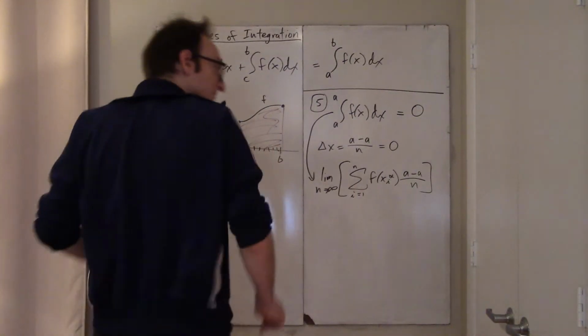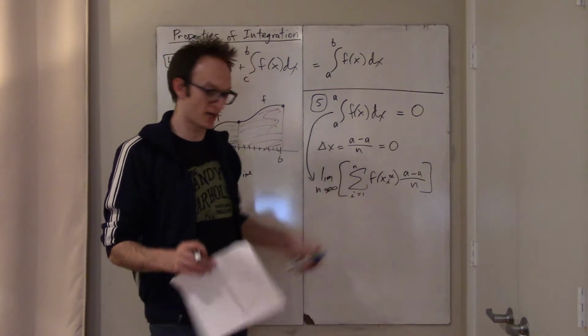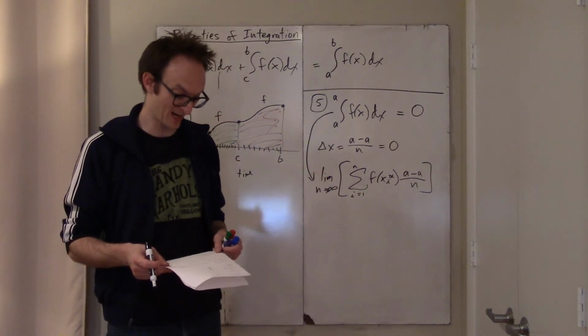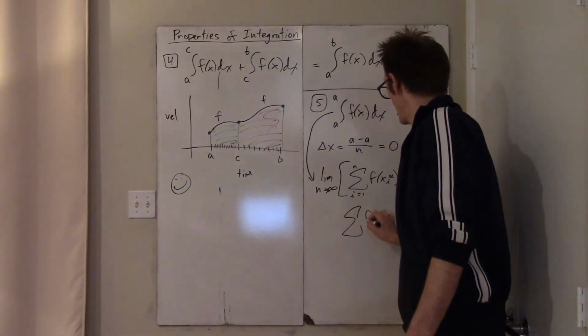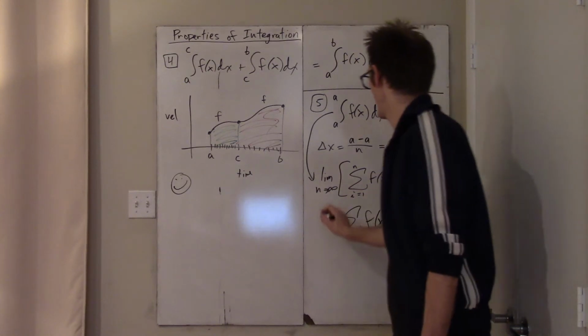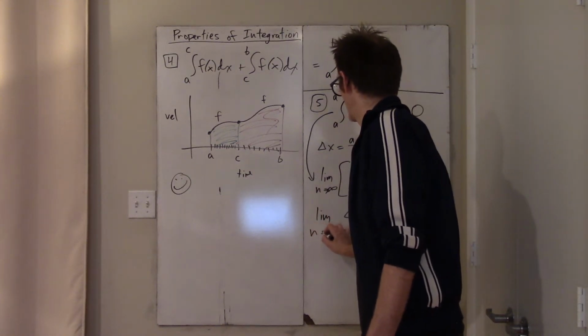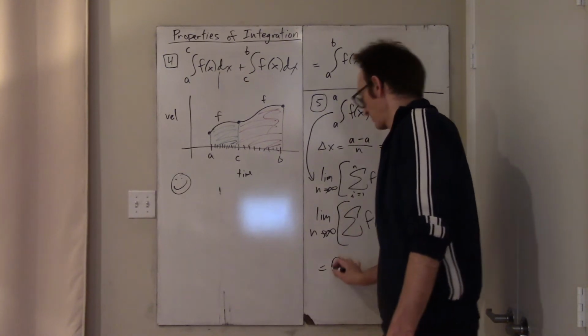So delta x is just 0, and you're just summing up a bunch of zeros. This is just the sum of f of x sub i star times 0. And if you add up a bunch of zeros, then that's just 0. So this is just 0.